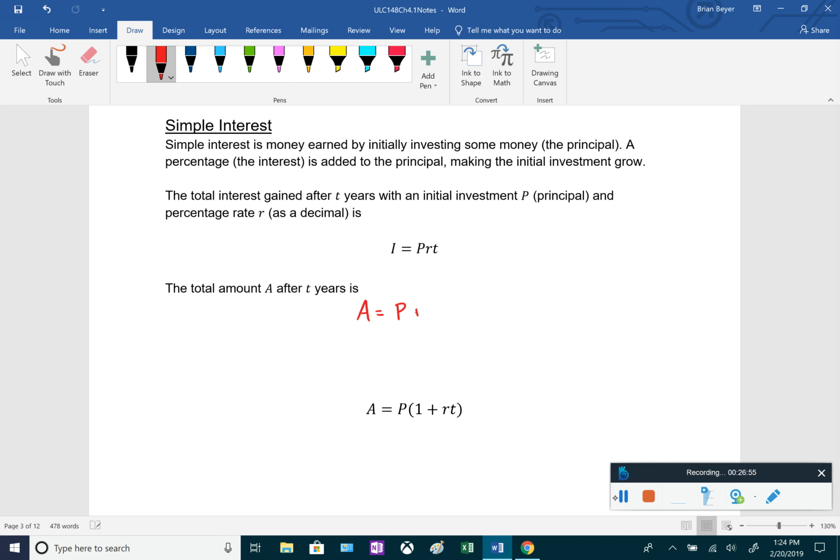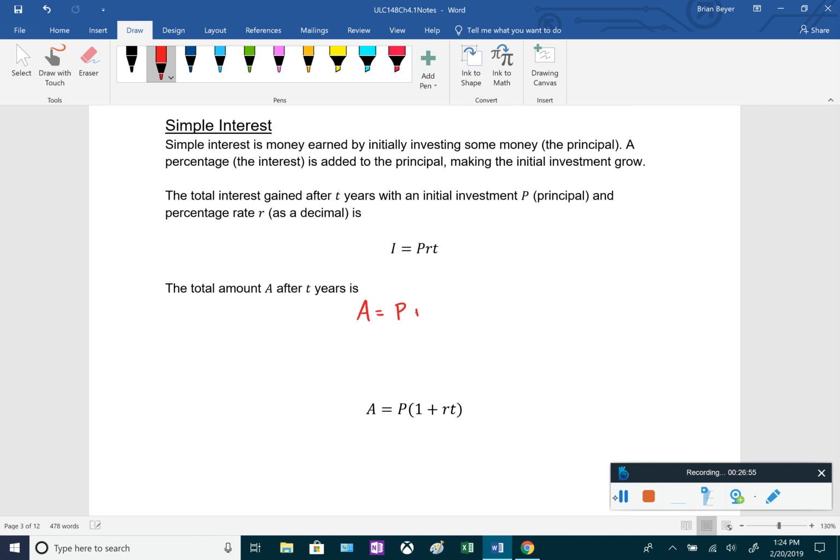So it's A equals P plus I. Instead of writing I, I'm going to write P times R times T, because we just said that that's what the interest equals after t years. What we can then do is factor out a P, and we'd be left with 1 plus RT.